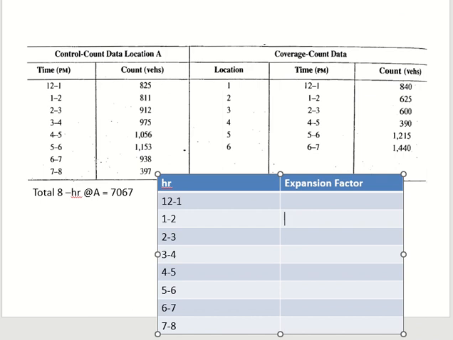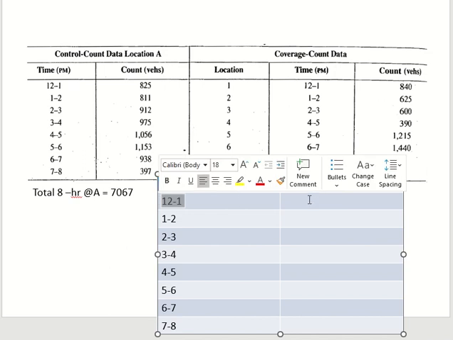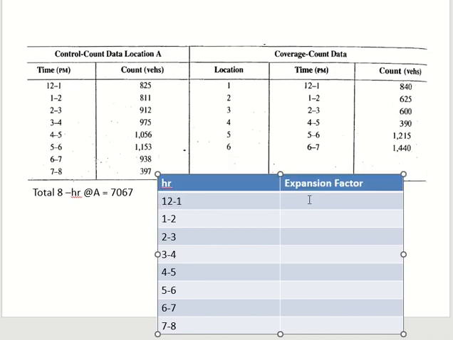These are my timings. Now how would I calculate the expansion factor? Expansion factor is simply the proportion of traffic on the control count from the total. The total traffic on the control count is 7067. So what proportion of traffic is coming in the 12 to 1 hour? This is what we call the expansion factor.